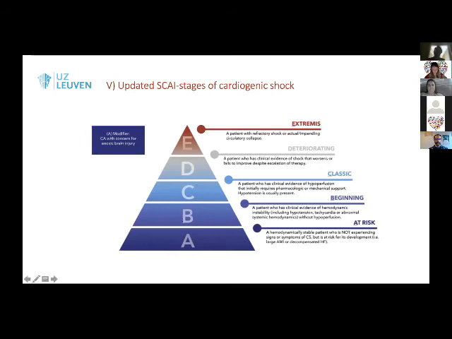And this figure shows you that it is something that goes slightly from B to C to D to E. So we have to keep those patients very close and have a close look at whether they are deteriorating from B to C to D, etc. This is a clear message from the SCAI: keep an eye on those patients. Don't just put them in a bed on the ICU and have a look tomorrow, because you will end up from B to D in only a couple of hours.